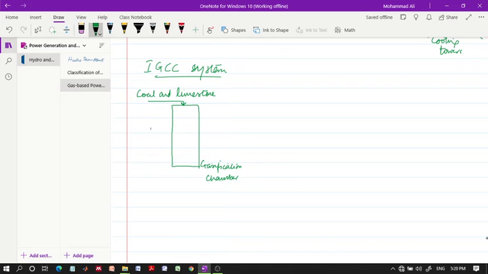And we introduce oxygen and steam in this in order to facilitate the gasification process. The output of this will be slag. Okay, it will not be ash over here, it will be a kind of slag.